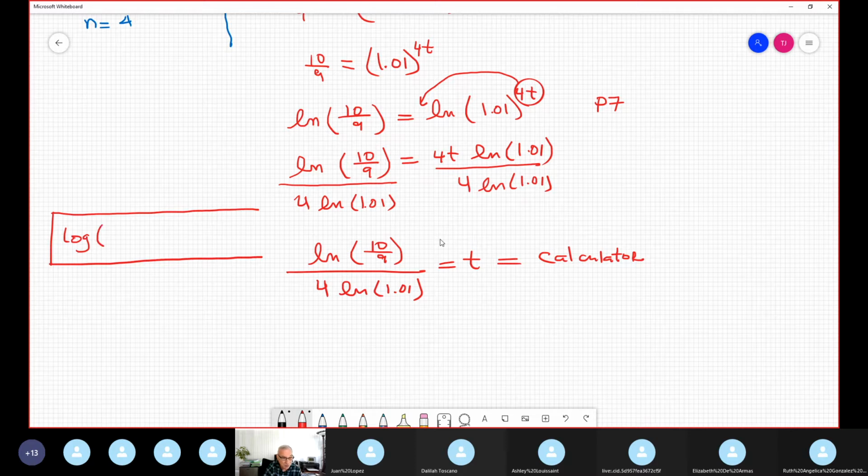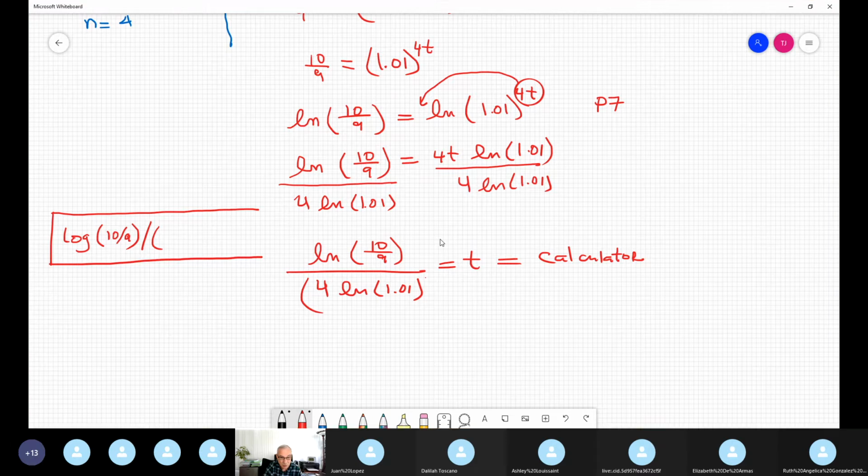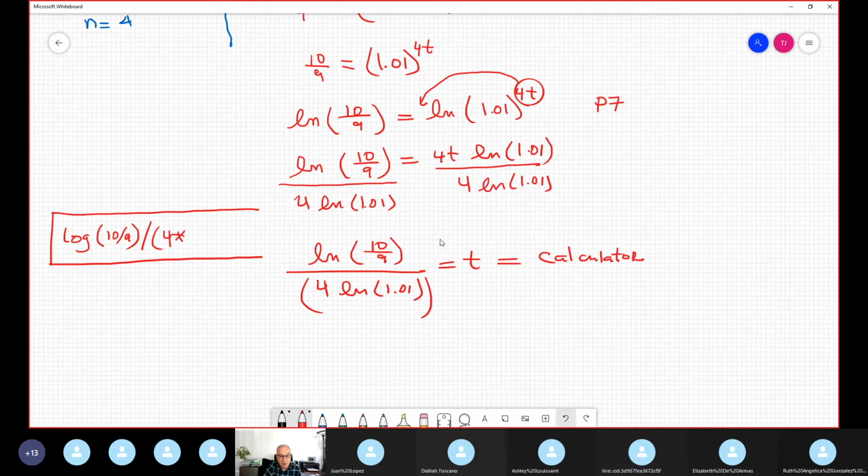Open the parenthesis, press 10 over 9, close the parenthesis, division, and put another parenthesis, because this parenthesis is important: you need to enclose everything in the bottom by one parenthesis. 4 times multiplication, log of 1.01, and close two parentheses.